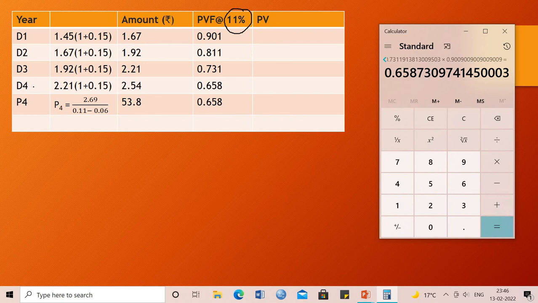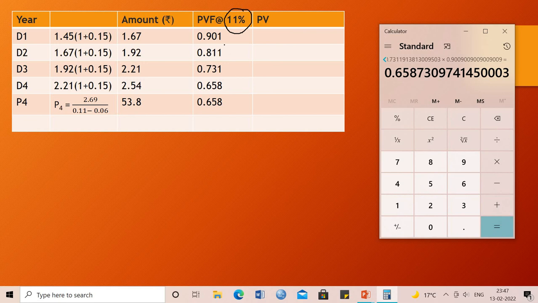Now D4 is also at the end of fourth year, and P4, that means the price of the equity share at the end of fourth year, is 53.8. So because these two values represent the end of fourth year, we have to take the present value factor at 0.658 only. So in both the cases, the present value factor will be 0.658.